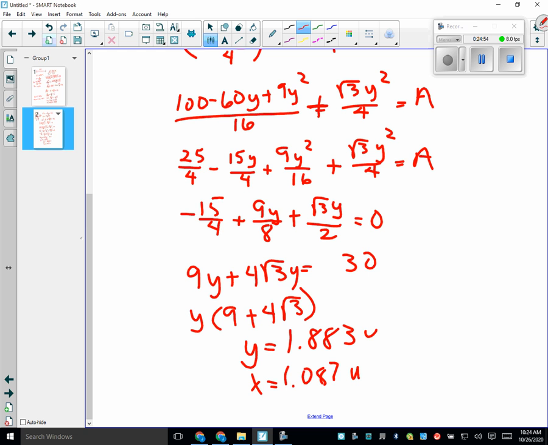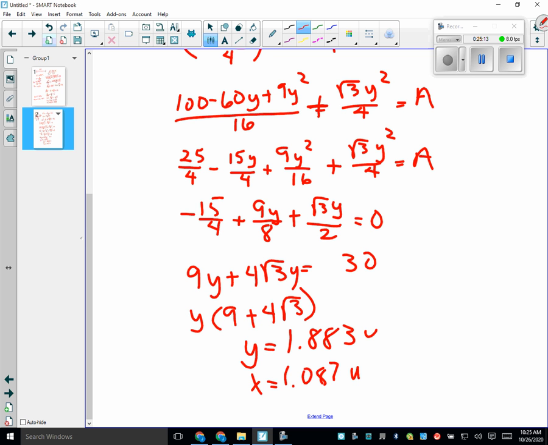I got one. Okay, so you find out 1.883. But we're close enough, right? So we know, what does it ask for? It asks for the dimensions. And I have the dimensions, don't I?